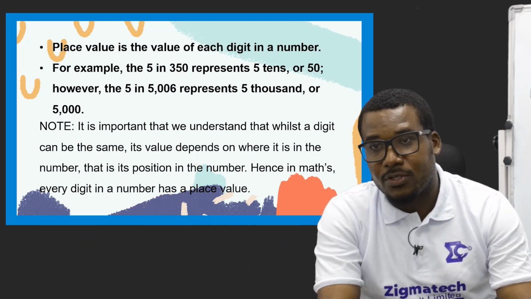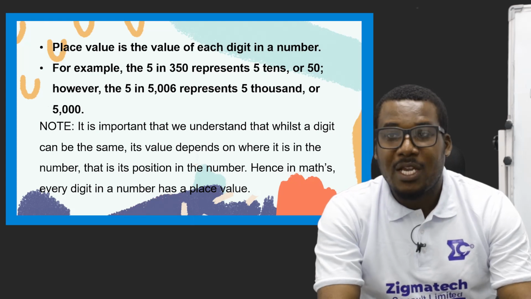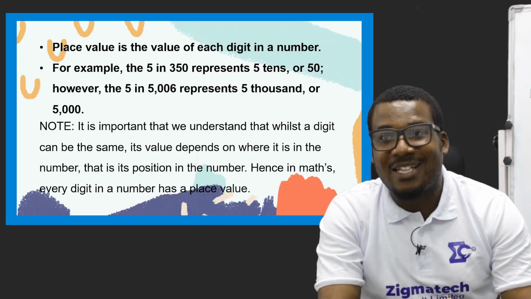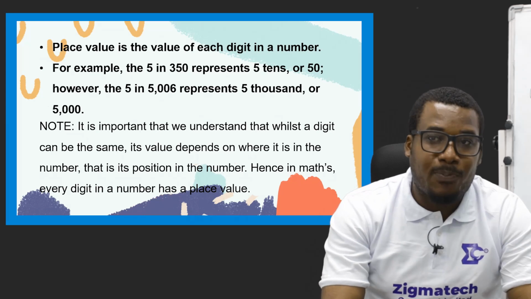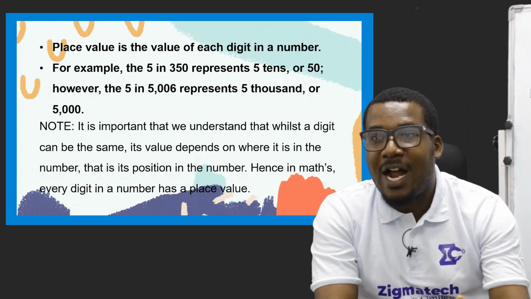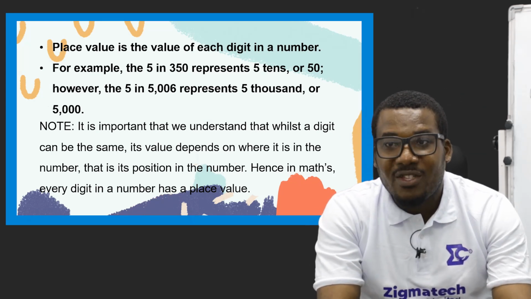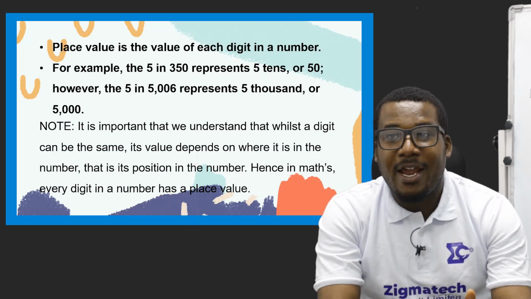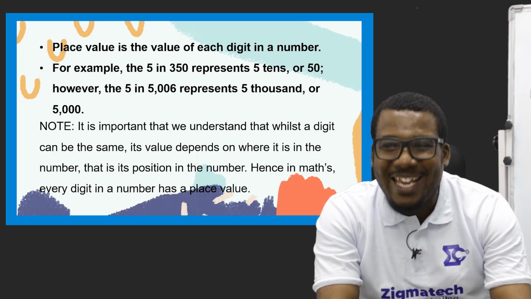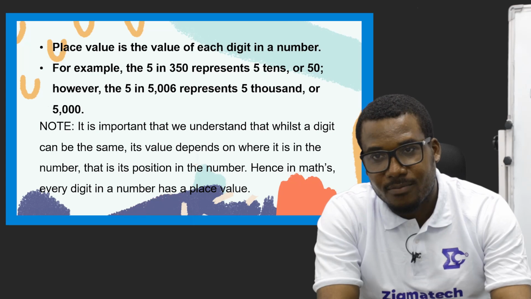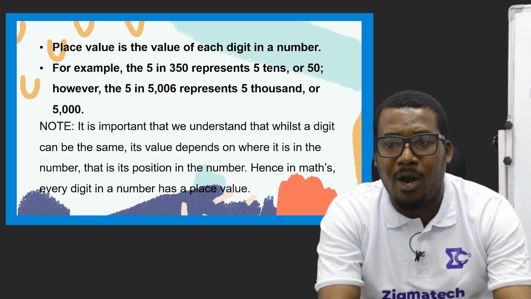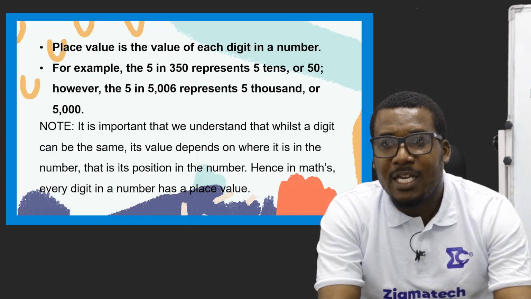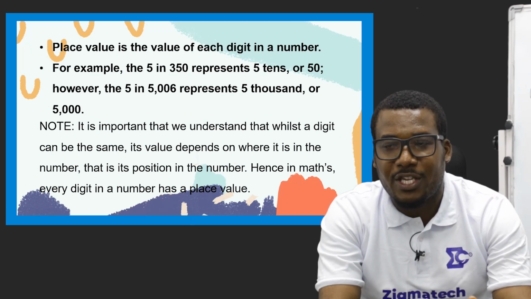What that means is you do not take cognizance of that 6. In that place value, the digit 6 represents a place value for 6 units.